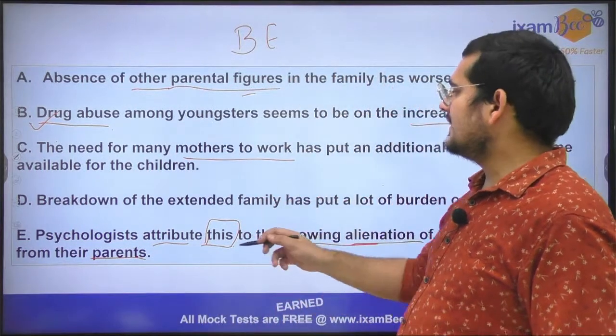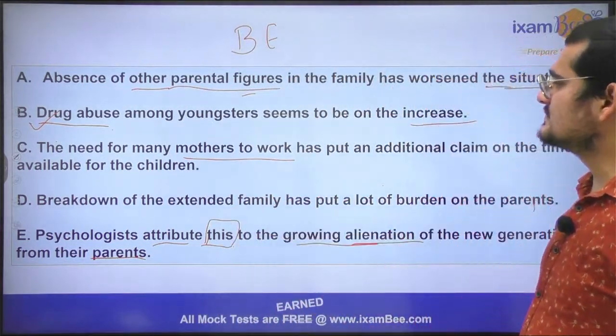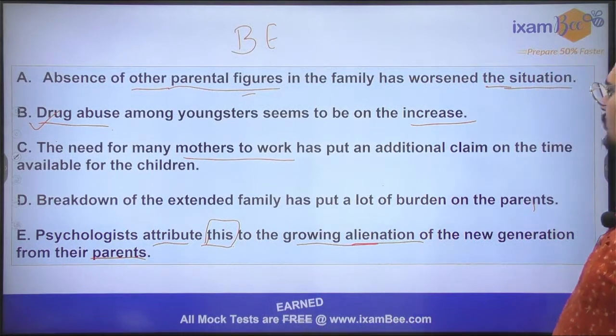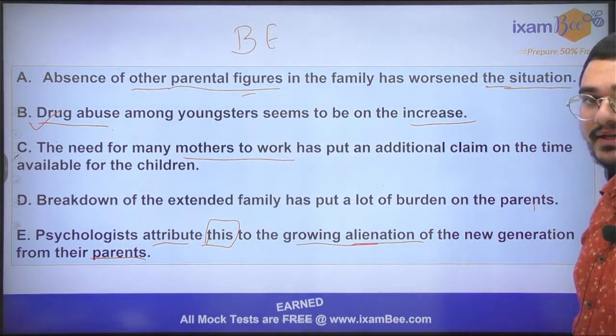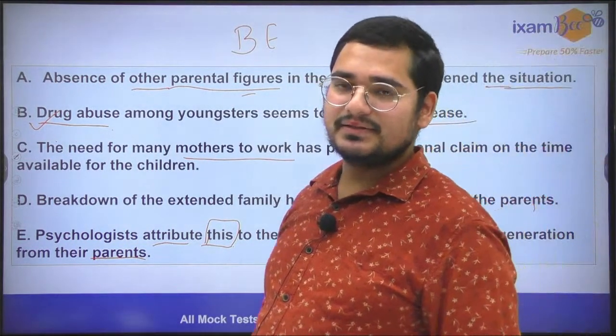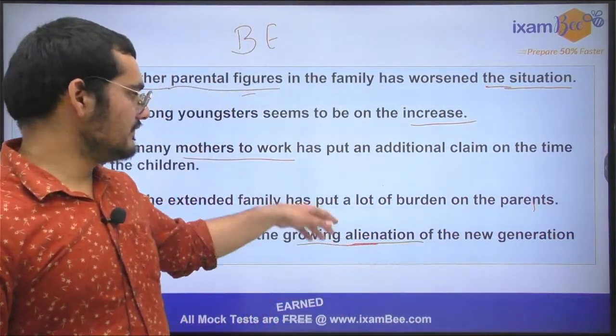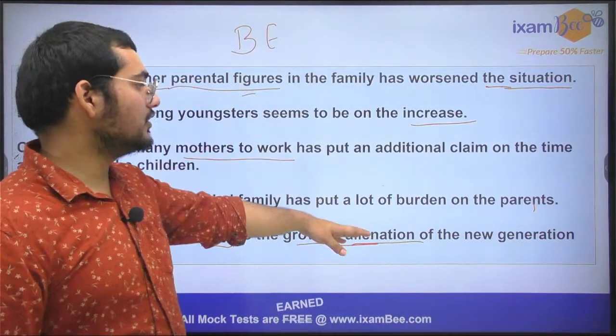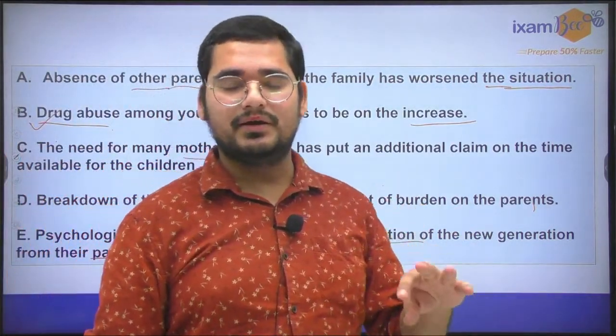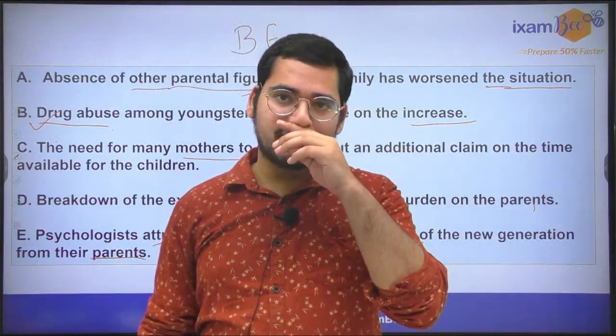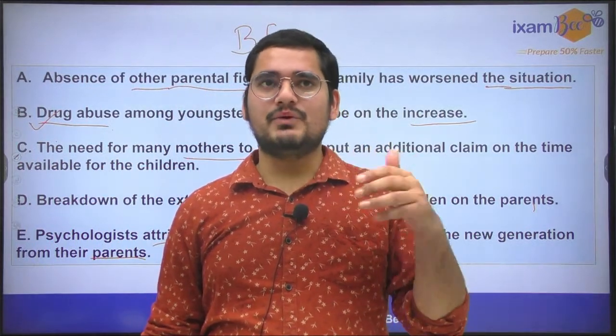So we look at this sentence: breakdown of the extended family has put a lot of burden on the parents. Now first we can make an association, because of the growing gap between the new generation and the parents. Why is it happening?